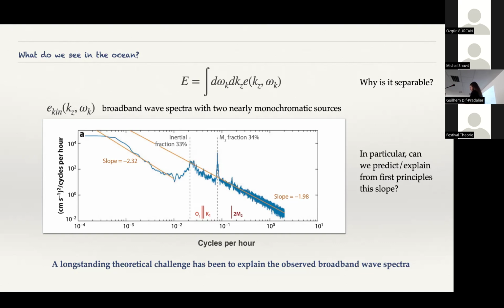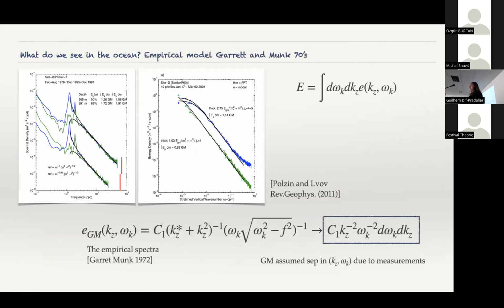Okay, and what we ask ourselves is, can we predict this slope, or explain it, from the equations? In the 70s, there were two famous oceanographers, Garrett and Munk, who took all these measurements from different places in the ocean and just fitted the data to get these power laws.